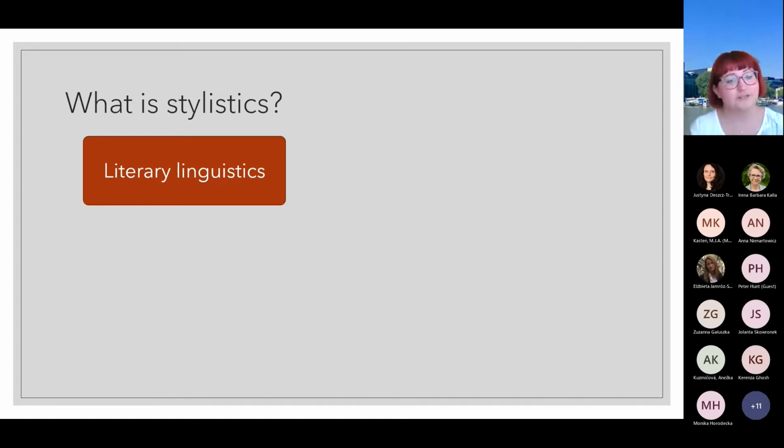And if you say literary linguistics, you think about literature, especially high literature. And I think you can use it for lots of different things. So for me, it's not very helpful. That's why I prefer to say stylistics, because it's about language and style and not about pointing to what text.